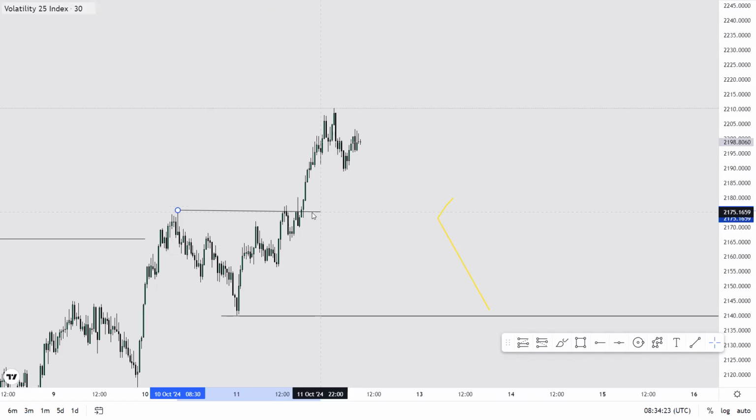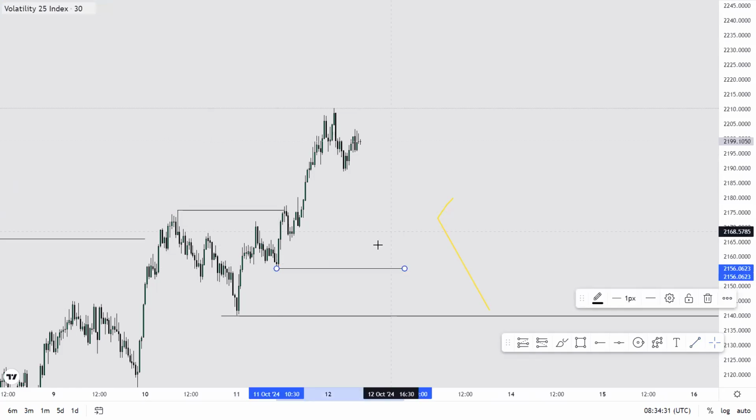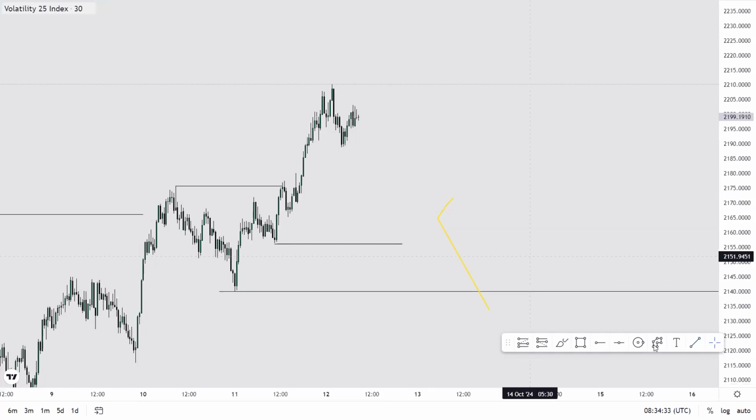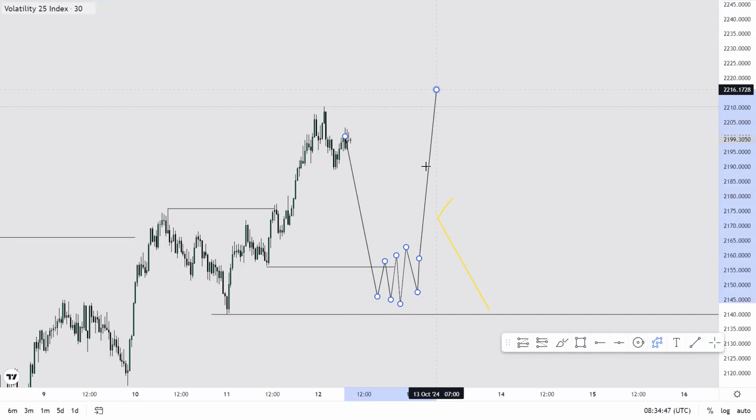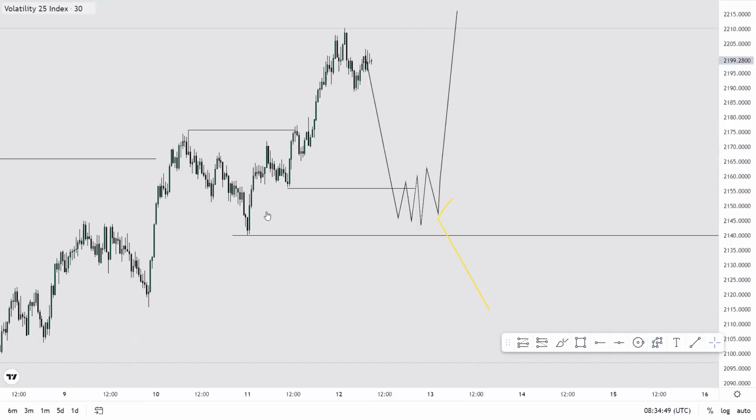My expectation here is that the market should come back and take this low. So when we take this low, I'm just expecting something like this. This is my expectation for volatility 25.